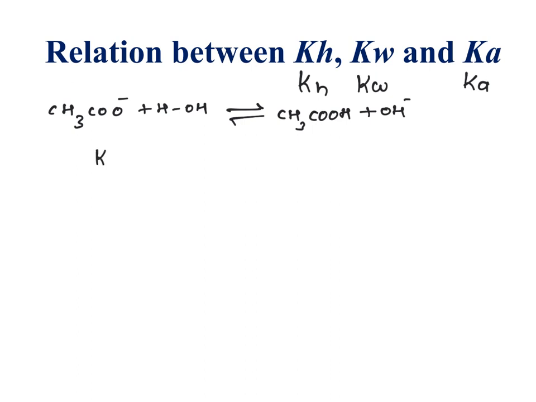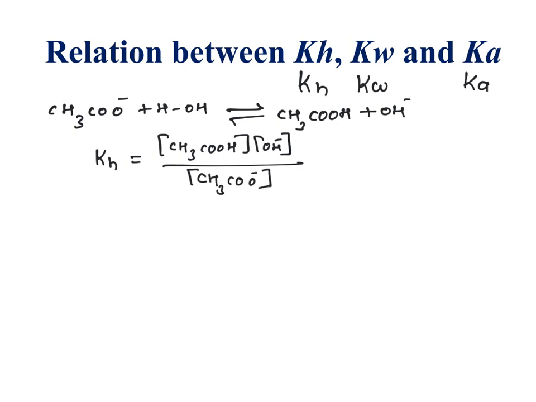So the hydrolysis constant Kh equals the concentration of acetic acid times OH minus divided by acetate ion; water is present in excess, so let's take it as unity.